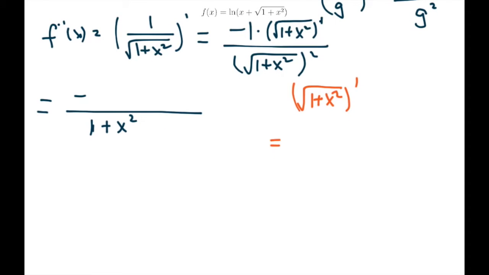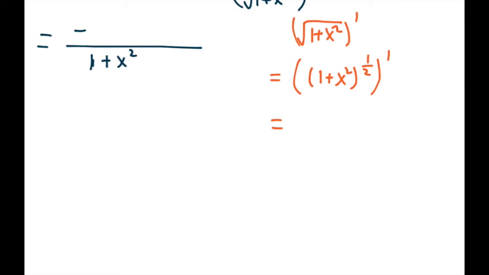Okay, so we can rewrite it as 1 plus x squared to the power of 1/2 prime, and then by the power rule, we know it is 1/2 times 1 plus x squared to the power of negative 1/2, and then by the chain rule, we're going to take the derivative of this inner function, that is the derivative of 1 plus x squared, it is just 2x. Okay, so again, 1/2 and then 2 can be cancelled.